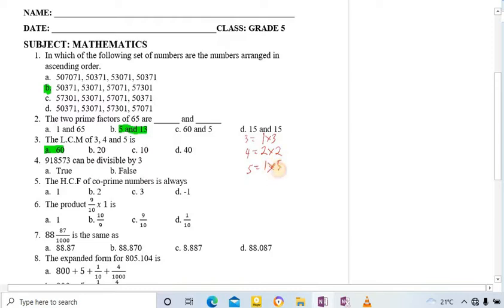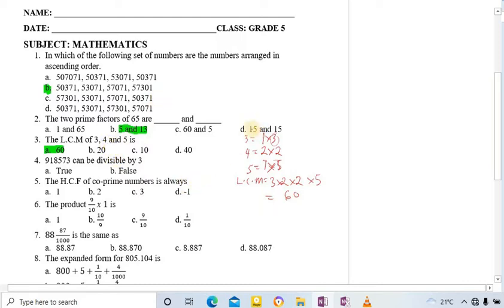And all these numbers don't have anything repeating at any point. So the LCM would be equal to 3 times 2 times 2 times 5. 3 times 2 is 6, 6 times 2 is 12, 12 times 5 is what? 60. So that's how we got the 60.